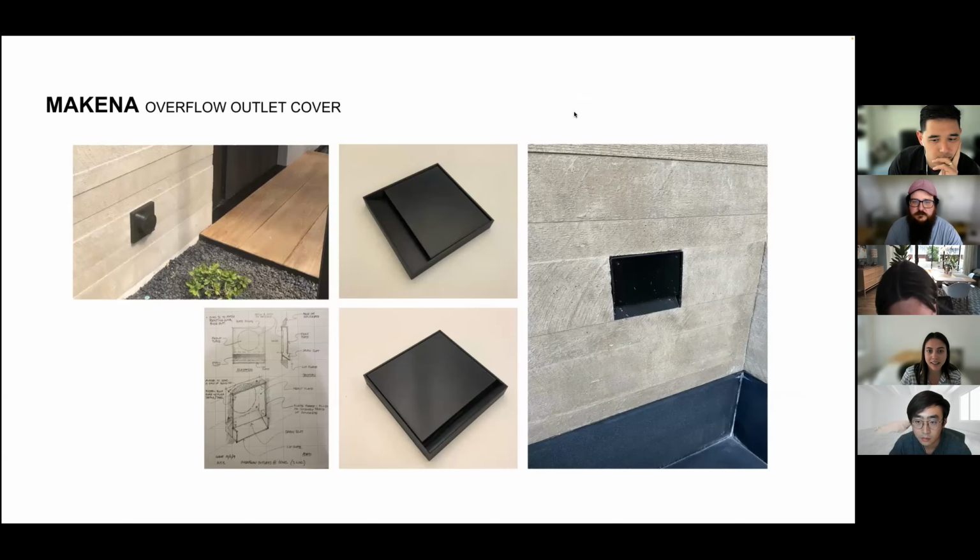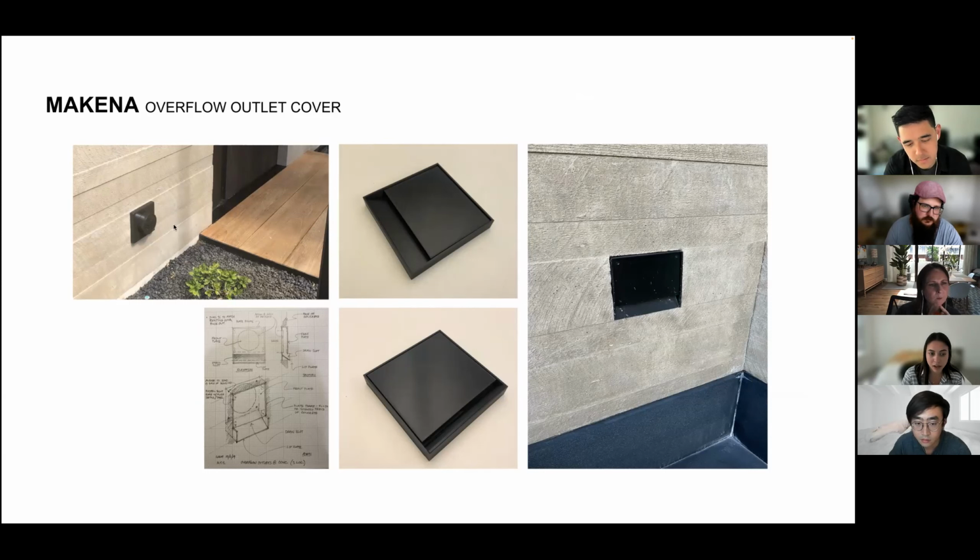And then this is for McKenna. We shared both of these also on Slack, so you guys might have seen these over the years, but the McKenna team came up to us looking at printing 2 different prototypes for an overflow outlet cover. So on the left here, you can see what was installed, and they wanted to figure out a design for a custom recessed outlet.